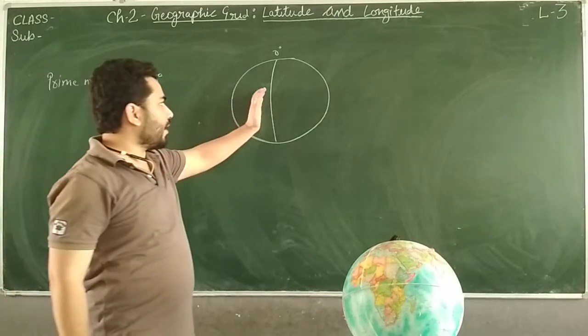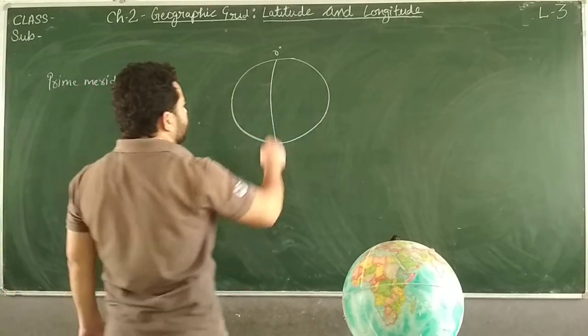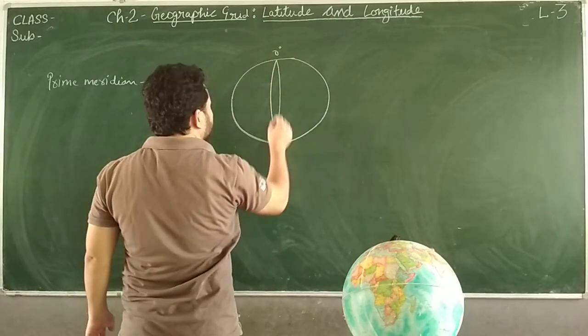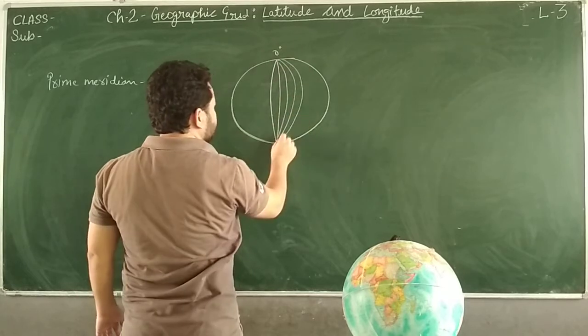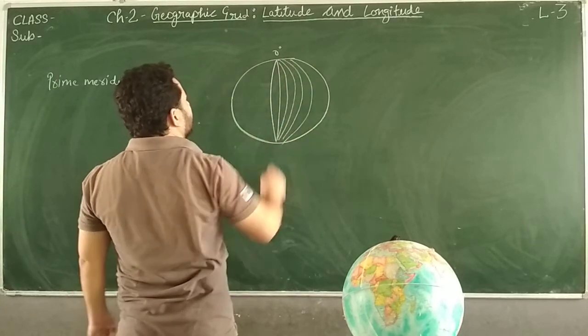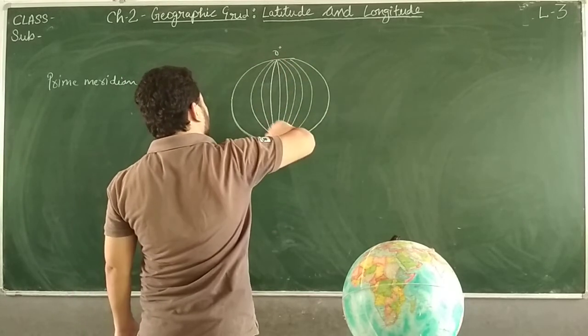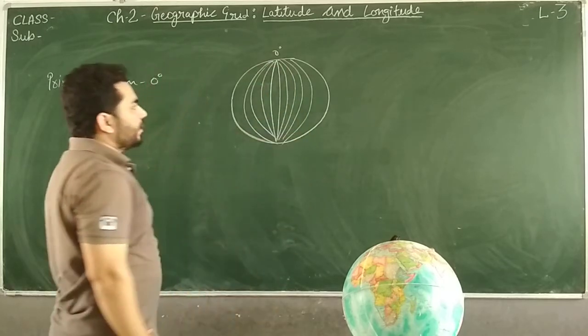From here we measure the various lines, whether it is 10 degree, 20 degree, 30 degree, 40 degree, 60 degree, like this. All these lines are lines of longitude. Here also, lines of longitude, clear?